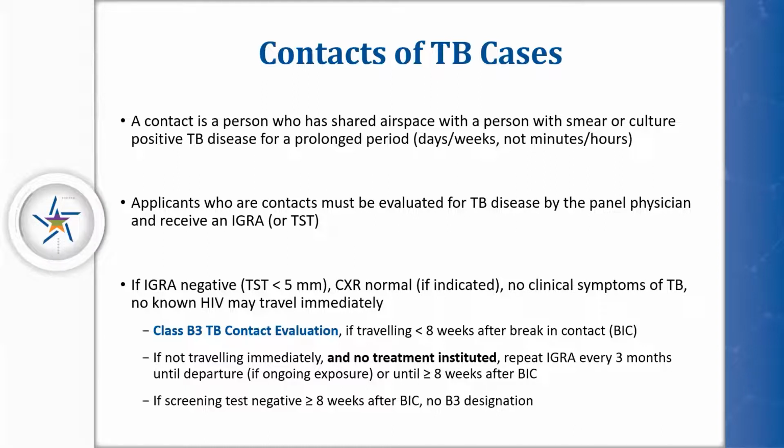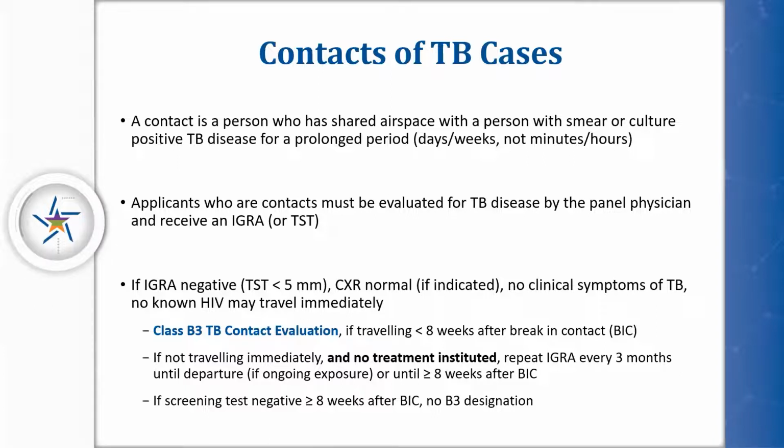If they are not traveling immediately and no treatment is instituted, you need to repeat the IGRA every 3 months until departure, or until they reach greater than or equal to 8 weeks after the break in contact. So again, in the US, from the last time that person was in contact with the person who was infectious to 8 weeks later, that's what we consider the window period when, in general, in the US, we would start a child on treatment.